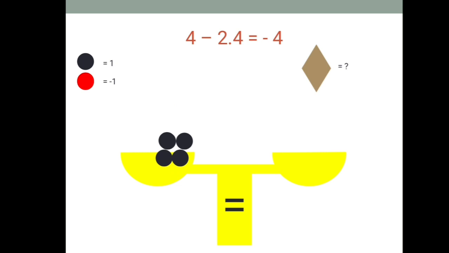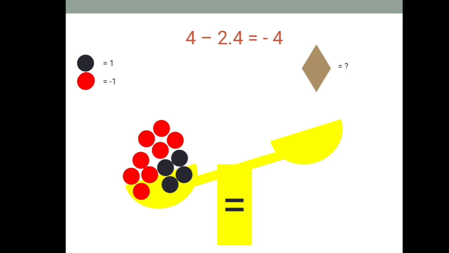And how many balls, and which balls, should I put in the left hand side to represent minus 2 times 4? Anyone knows? Yes, because minus 2 times 4 is equal to minus 8, I have to add 8 red balls in the left hand side, like this. And what happened after this?